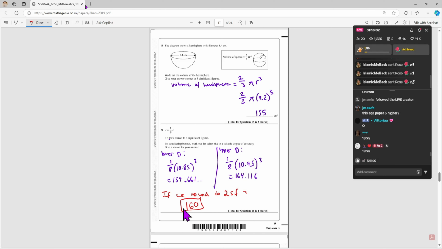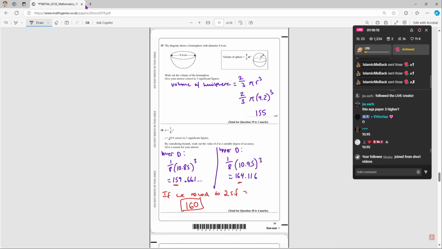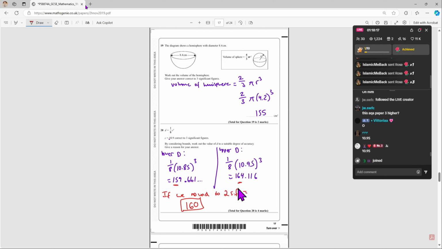Since it's the same answer, that is a suitable degree of accuracy. So you have to work out which one you have to round to, to make them both the same. And that will be your answer.